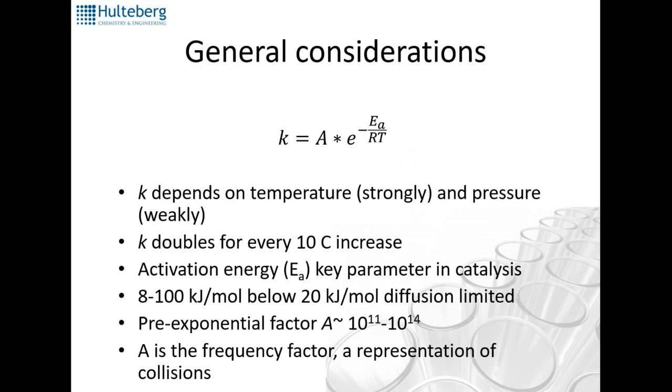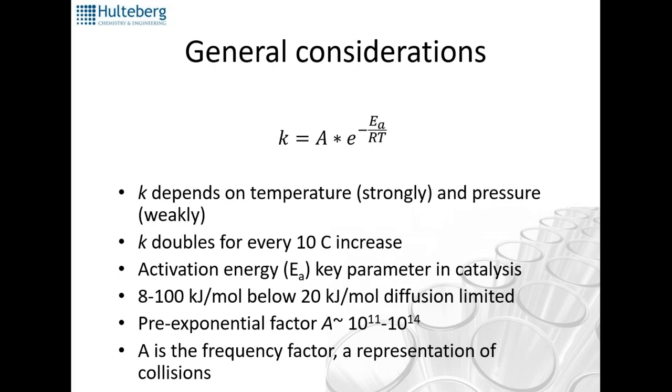So the activation energy is a key parameter in catalysis, and you can generally say that for chemically controlled systems, we'll come back later to what that means, this constant doubles for every 10-degree increase as a rule of thumb, which shows you that these reactions are strongly temperature dependent.